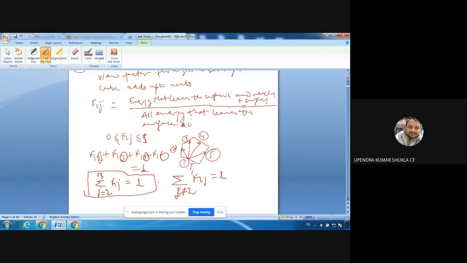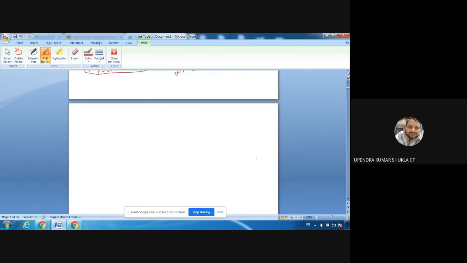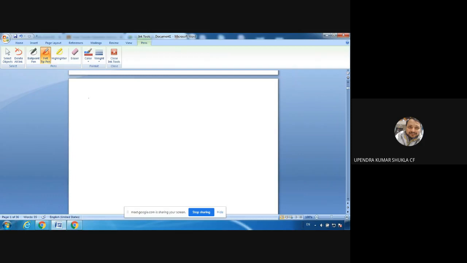So these are the two important properties. I would like to mention again: the first property is the reciprocity relationship, Fij Ai is equal to Fji Aj. The second is the summation rule: the sum of all the fractions must be equal to 1, so the sum of Fij over j is equal to 1.